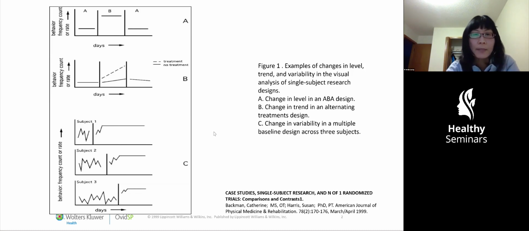So the different ways we can utilize the single subject design: the simplest is A-B, no treatment, treatment. If we want to increase validity of this, we can do A-B-A, where we remove the treatment and the behavior goes back to baseline, to what it was before.